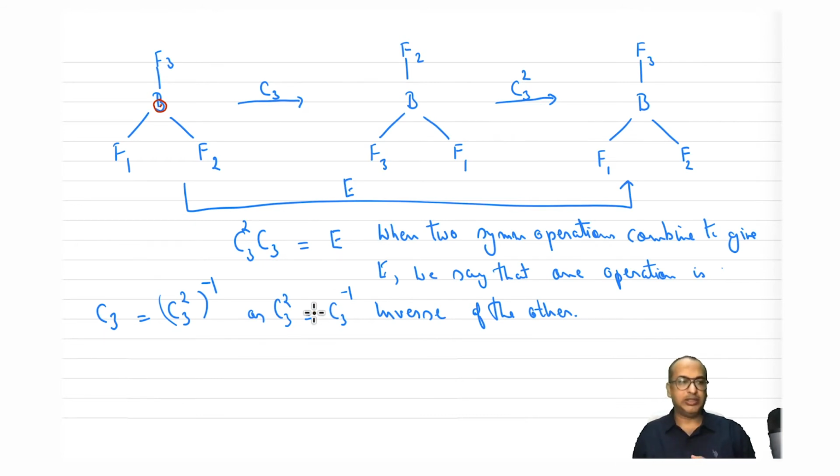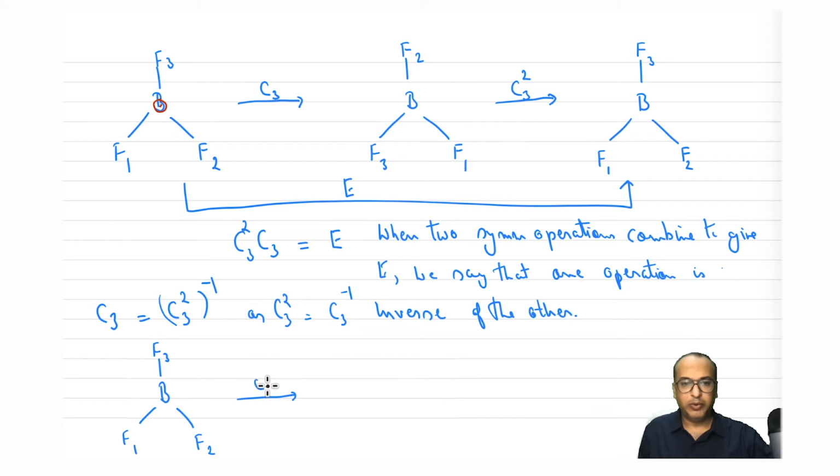Okay, let's see that again. So BF 1, 2, 3. If I'm doing C3, then what do I get? F2, F3, F1.